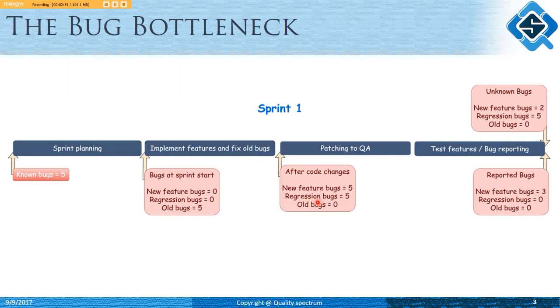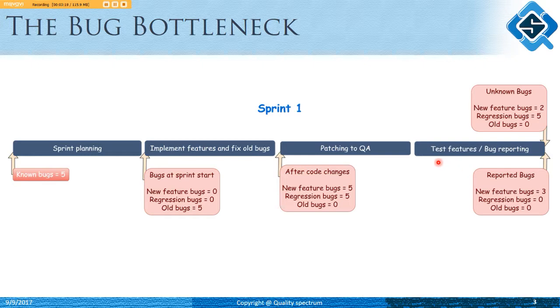For instance, an unexpected change which might be affecting another area of the application which the developer did not foresee. We are calling these regression bugs, and again we have a few of them as well. And the old bugs have been fixed. Now with this status, we move on to the testing part of the sprint.